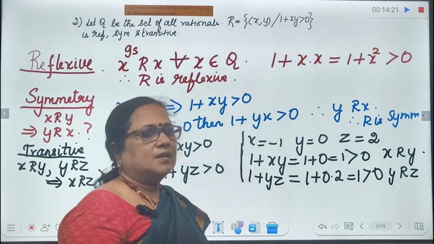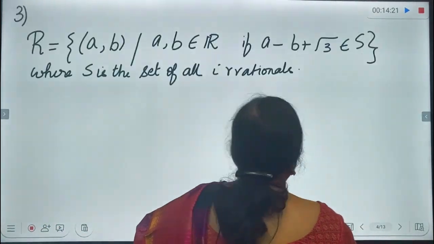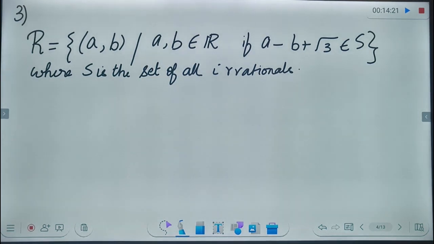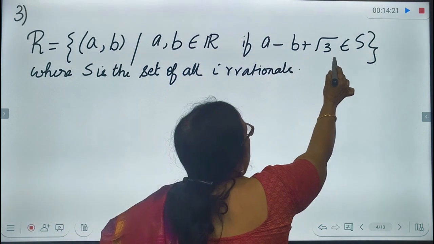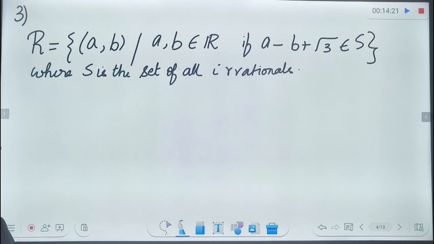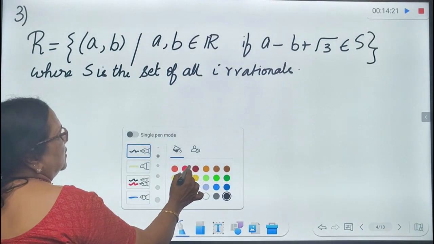Let's consider the next problem. R equal to the set of all (A, B), where A is related to B if A minus B plus root 3 belongs to S, where S is the set of all irrational numbers.